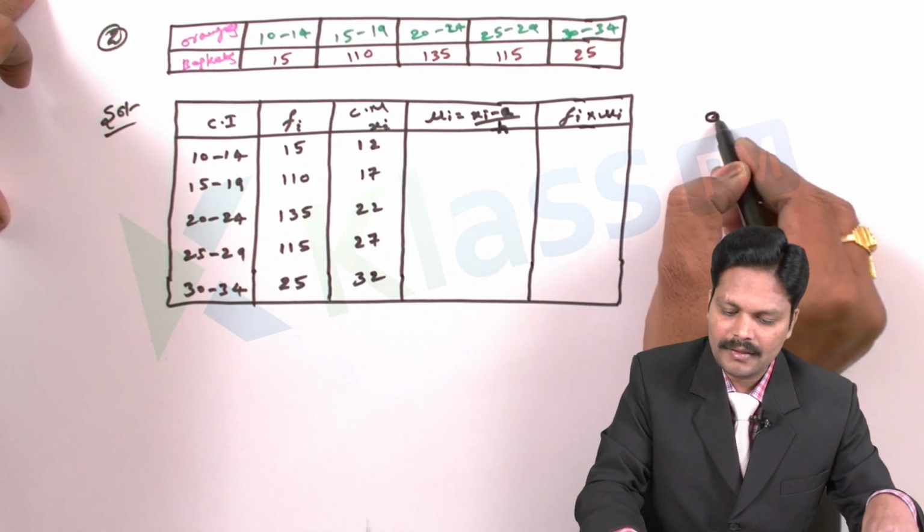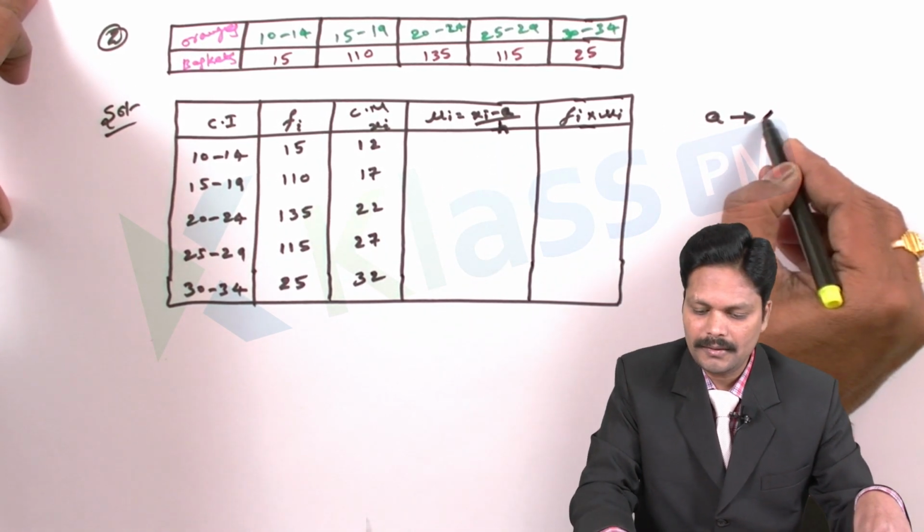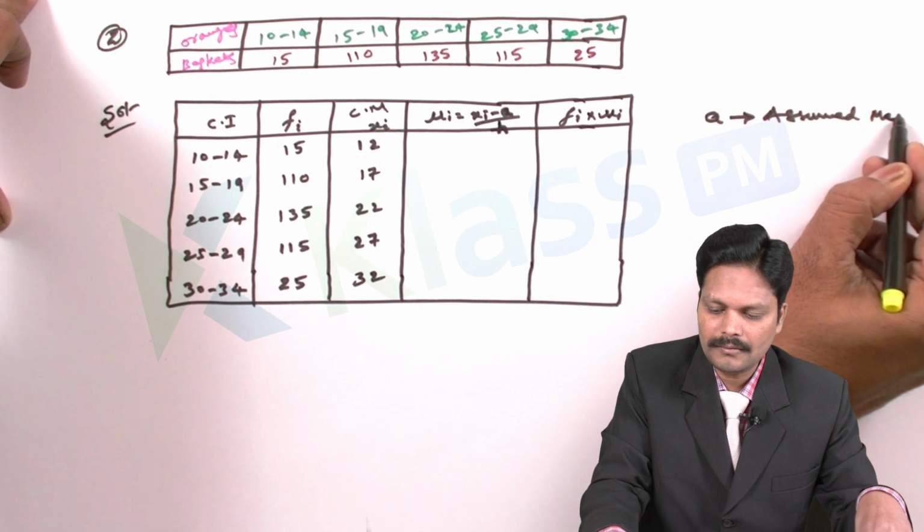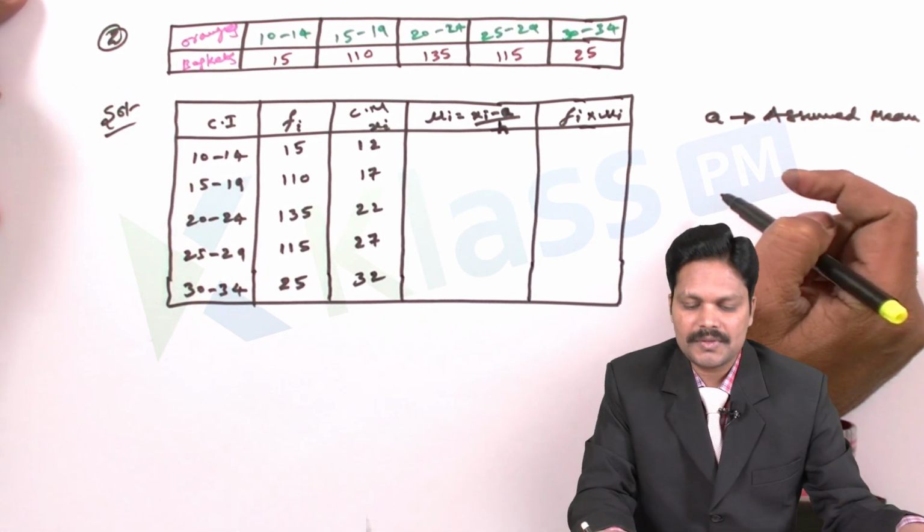Here a is the assumed mean we are taking. How can we choose the assumed mean?